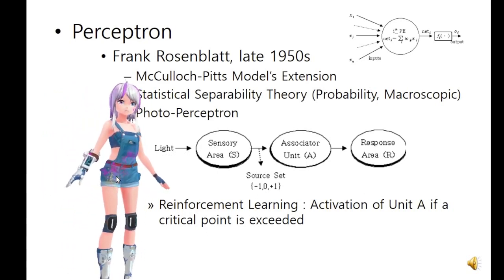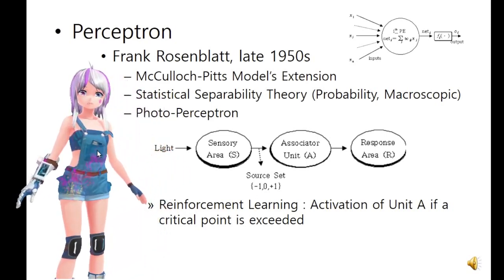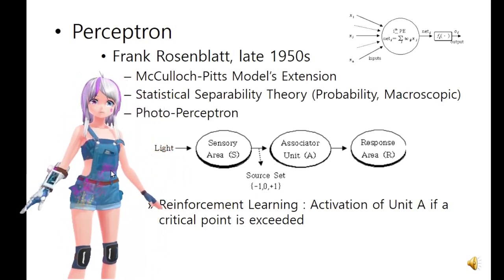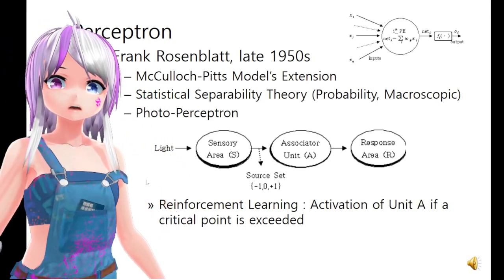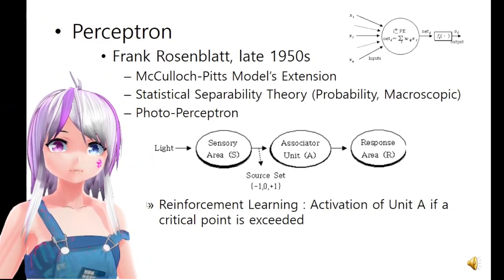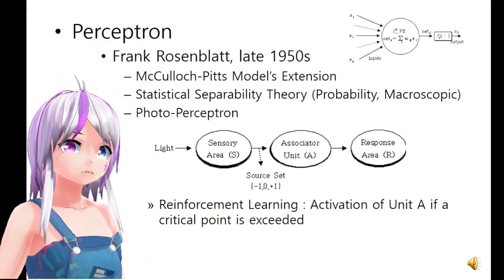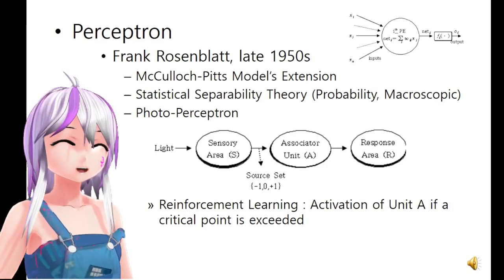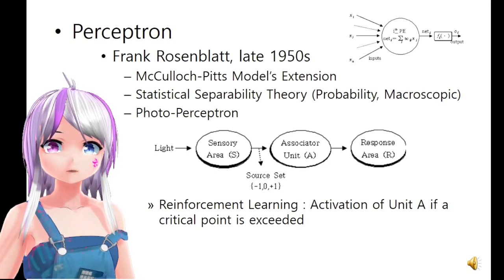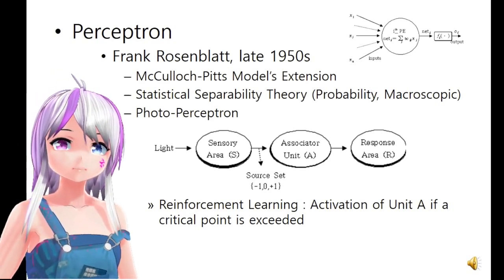And we have an associated unit A, and then a response area R. This perceptron is basically a paradigm in reinforcement learning, in which unit A is activated if a critical point is exceeded, and the output becomes 1. If not, then the output becomes 0.